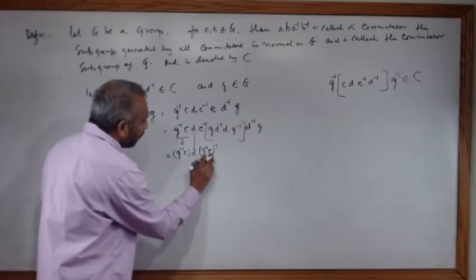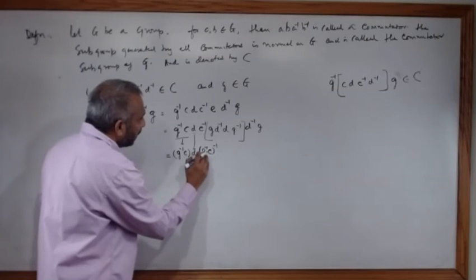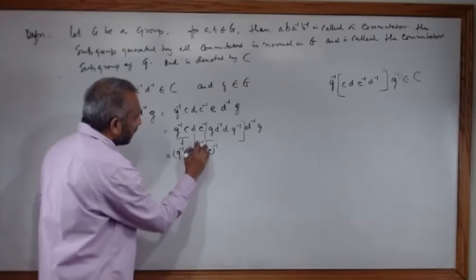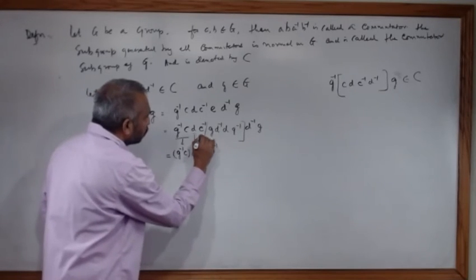See, if you expand this one, this will be C inverse G inverse of inverse, and that is these two together.